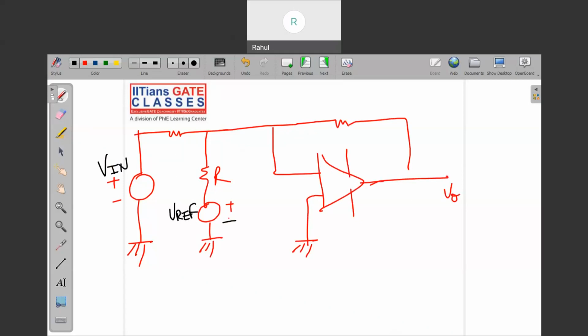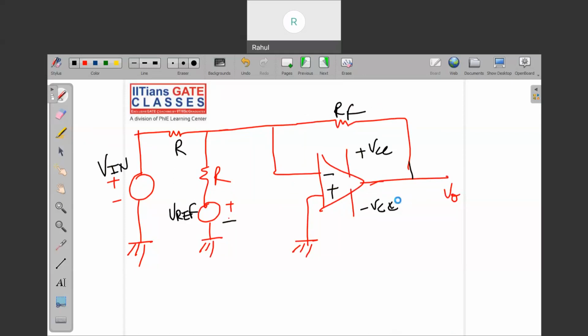This is R again, and this is RF, this is minus, this is plus, and this is VCC and minus VCC, right? And they have given some options.